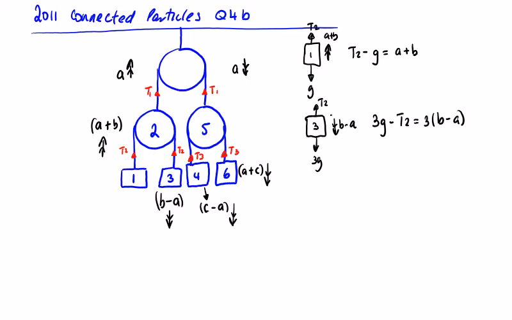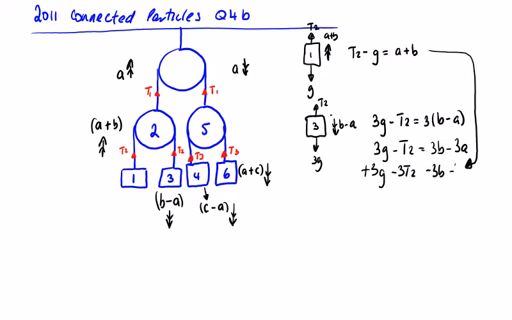So if we do that now, we eliminate B from these equations. We get 3G minus T2 is equal to 3B minus 3A. So if I bring the top one down and multiply by minus 3, I get minus 3T2 plus 3G, the left hand side, multiplied by minus 3 is equal to minus 3B minus 3A.